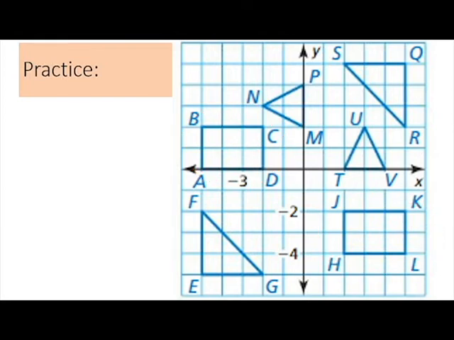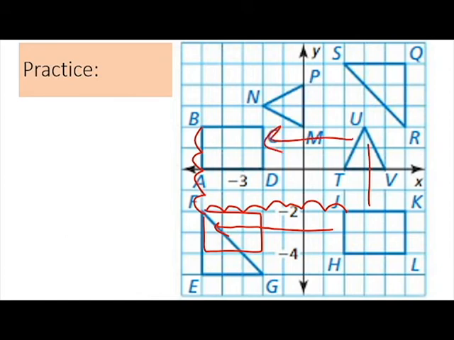Now this one could be a translation where we translate it over to here. That would be a translation of 1, 2, 3, 4, 5, 6, 7 units to the left, and then get this rectangle right there, and then we translate it 1, 2, 3, 4 units up to get that rectangle. So that could be one, or we could translate it up and to the left. That would work.